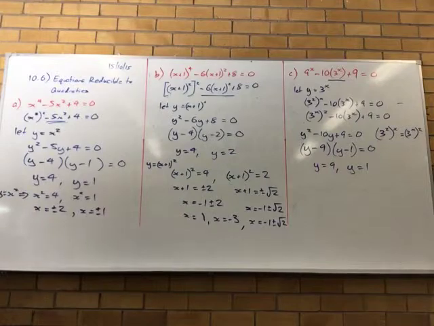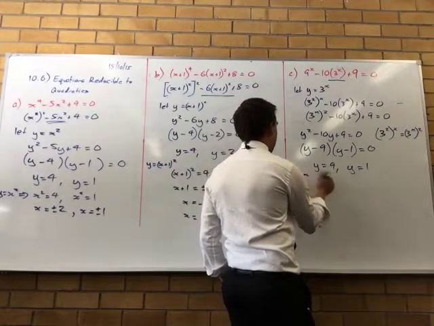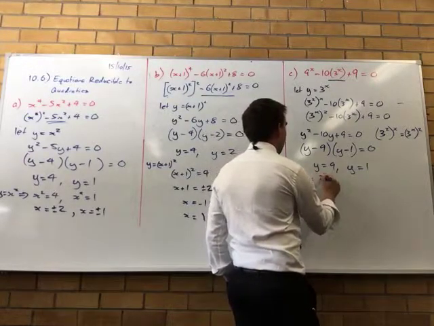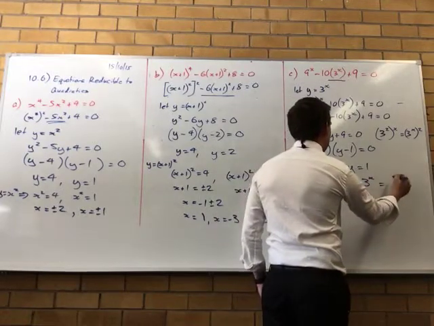Okay, so back to your original substitution, you need to finish off your question. So we stated that y is 3 to the power of x, so 3 to the power of x is 9 and 3 to the power of x is 1.